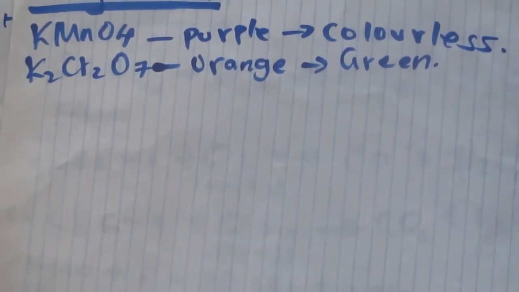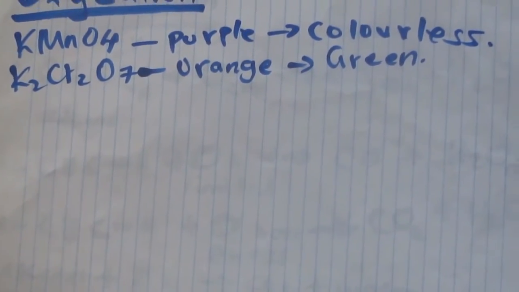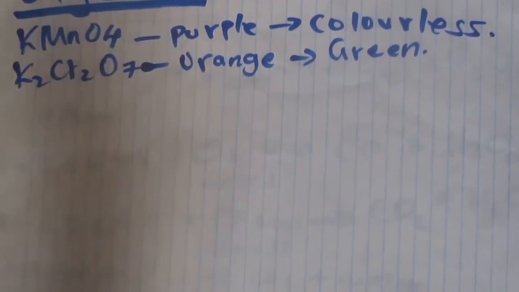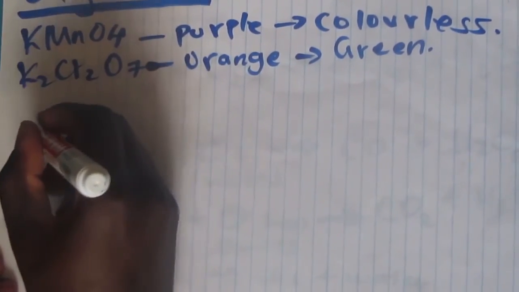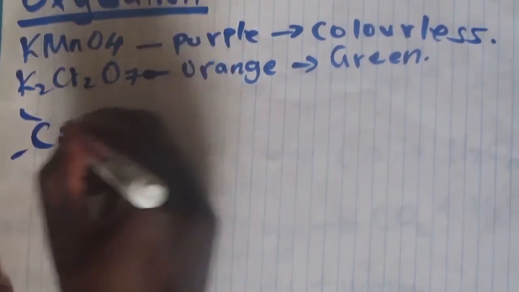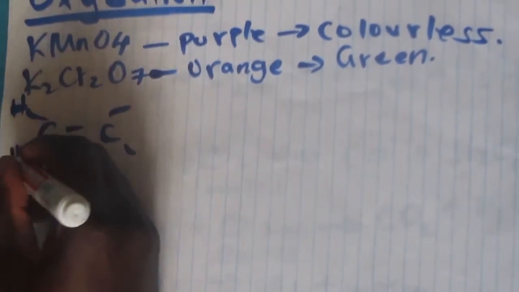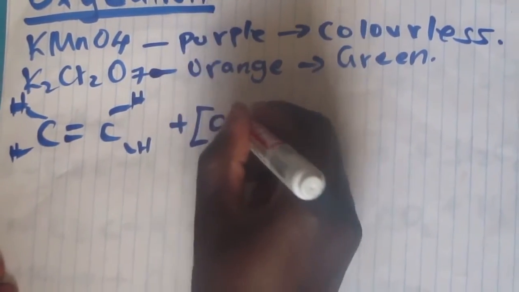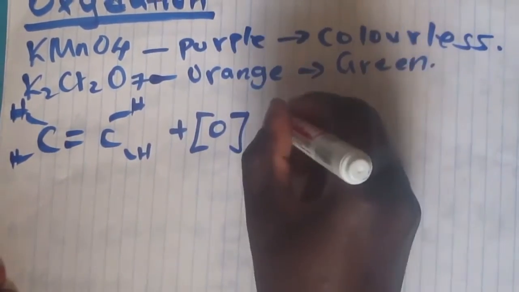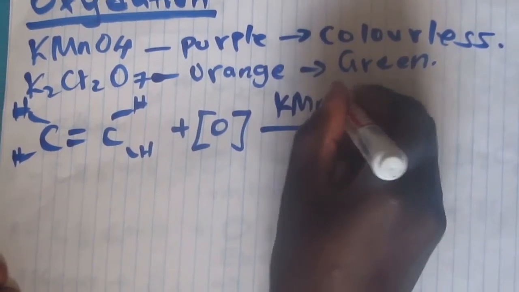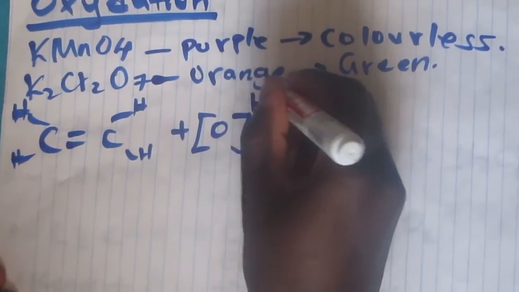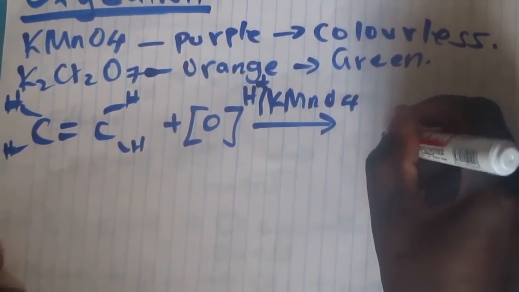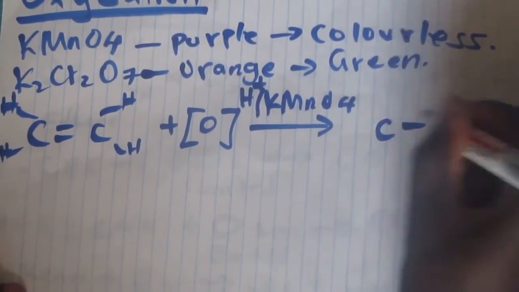This simply tests the presence of alkenes and alkynes. For example, if we take an alkene like ethene, then we oxidize it in the presence of KMnO4. Remember, it must be an acidified potassium permanganate. You will end up getting a double alcohol.